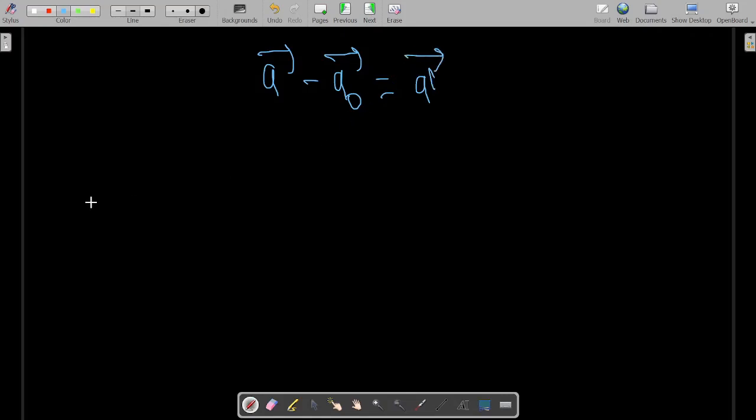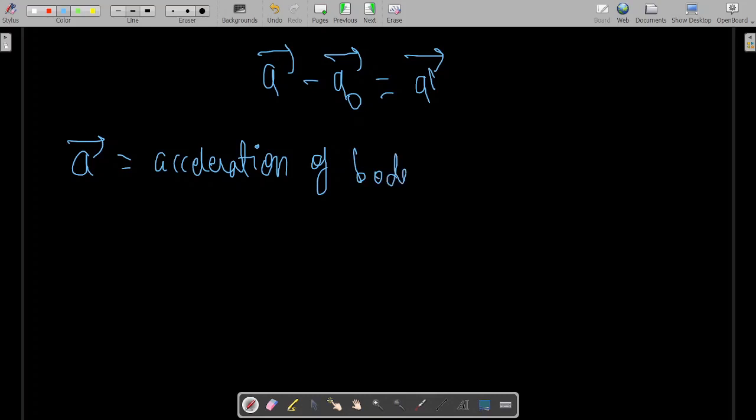So what is this formula telling you? What is your A? A is the acceleration of body with respect to inertial frame.